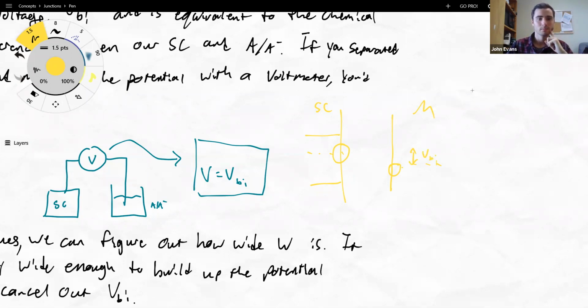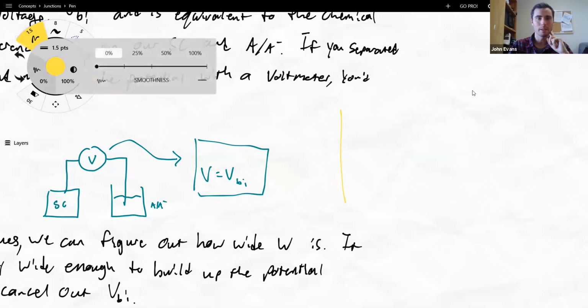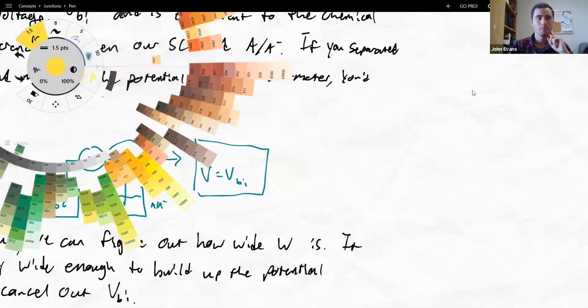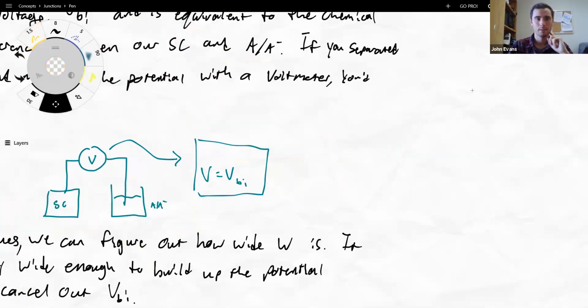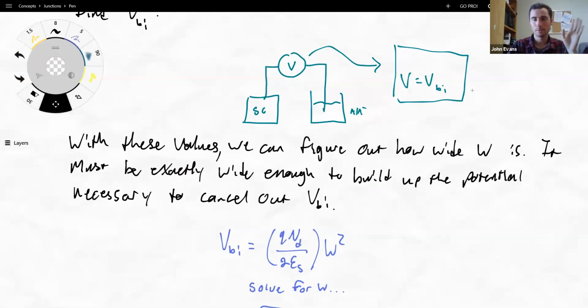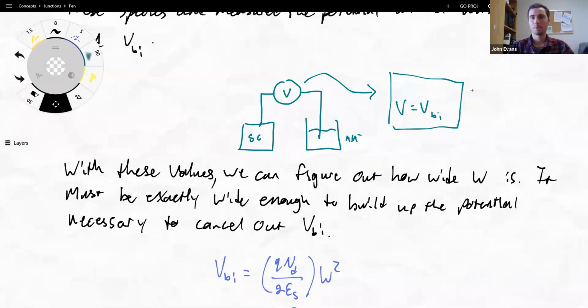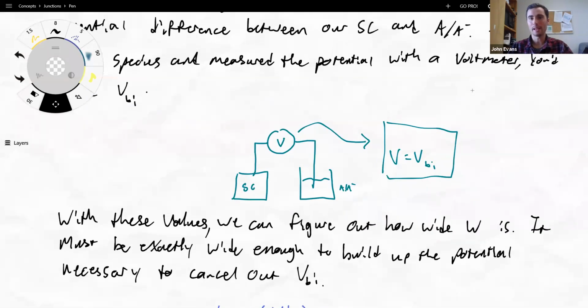Now, this is interesting because in order for us to get to equilibrium, remember, we have to balance out our potentials. We have to balance out our Fermi levels. They must be equivalent throughout the material at equilibrium. So that's sort of how we get to how wide W needs to be, right?